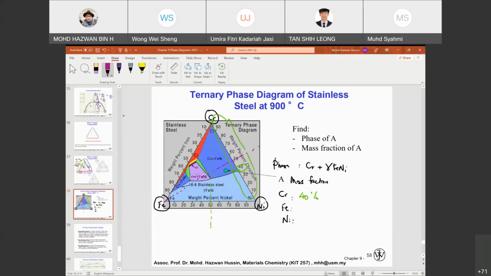And for iron, we should read it from here. I think if we have a ruler, it would be best. Are you confident? It's around 30 something? 15. Yeah.